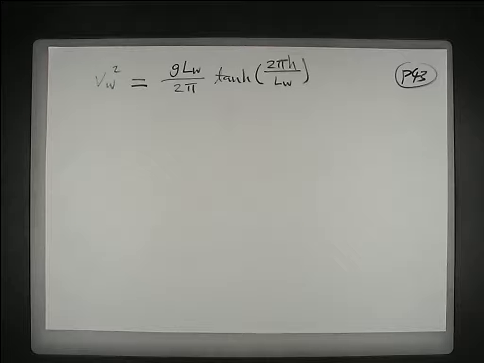In this equation, L_W is wavelength, and g is the acceleration of gravity, 9.81. And pi is 3.14. Then everything is known, and you can calculate the wave speed.